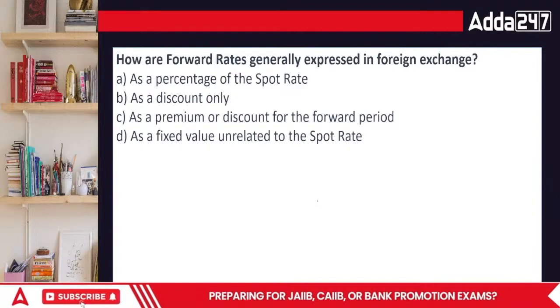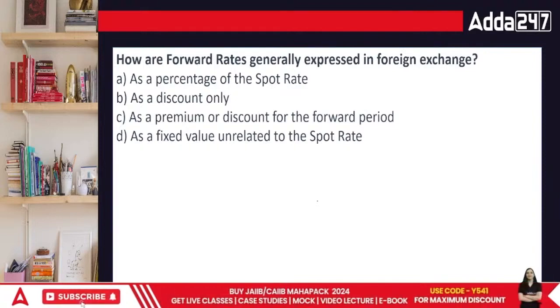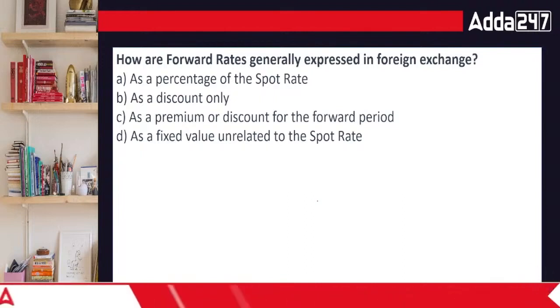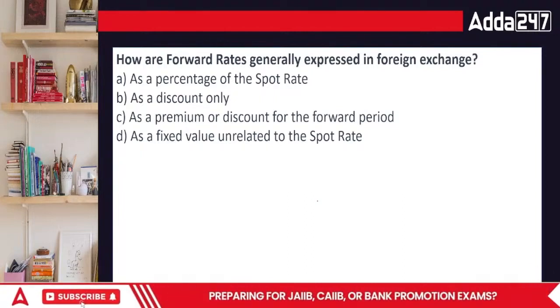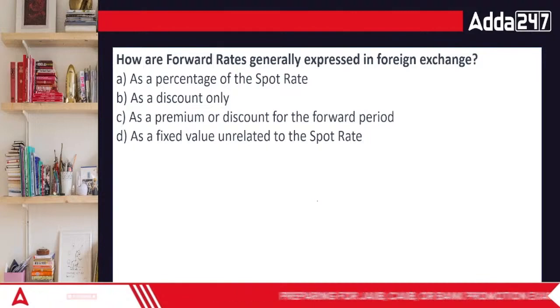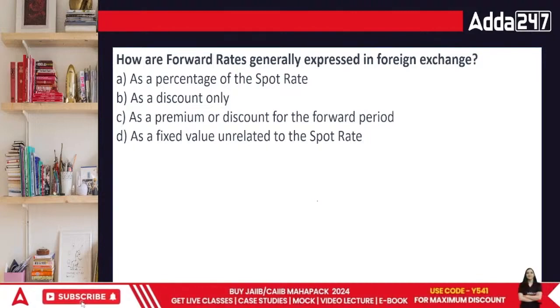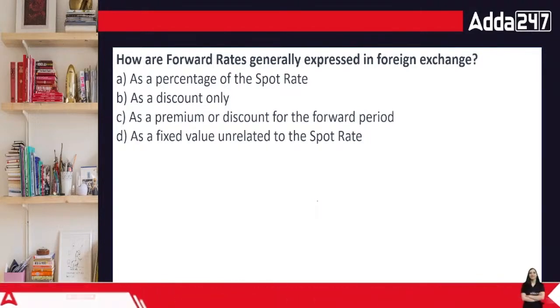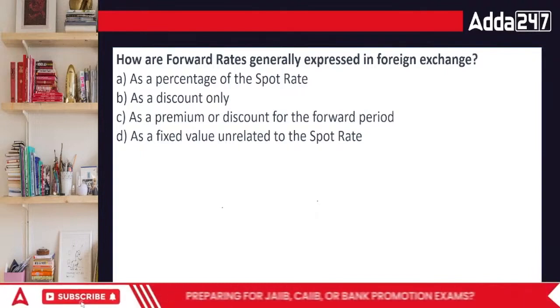When we talk about the forward rates, now the forward rates can be positive. In the upcoming future, it might increase or it might decrease. You know, both things can happen. So in this case, what would be the answer? It would be both.